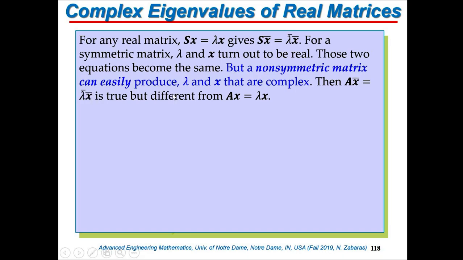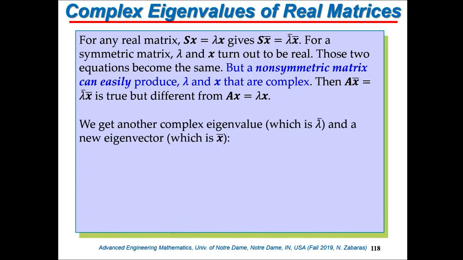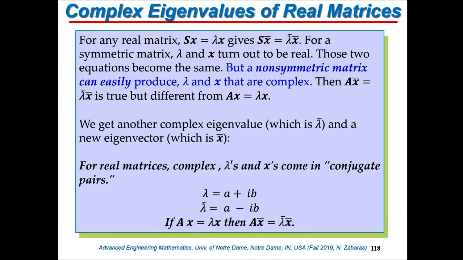You know what that means? If lambda is an eigenvalue and x is an eigenvector of A, then lambda bar and x bar are also an eigenvalue and eigenvector. That means eigenvalues and eigenvectors of real matrices come in conjugate pairs, and this is what this slide summarizes.